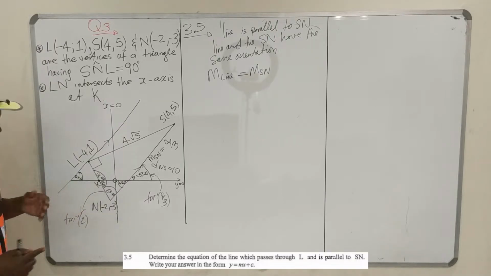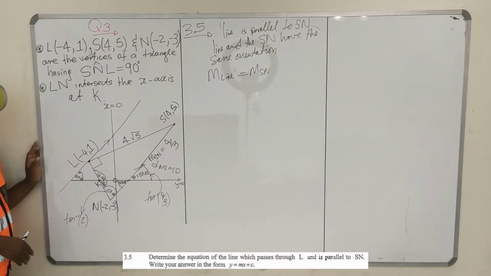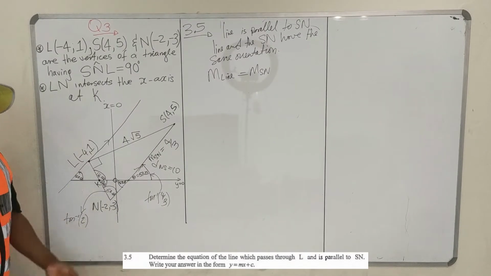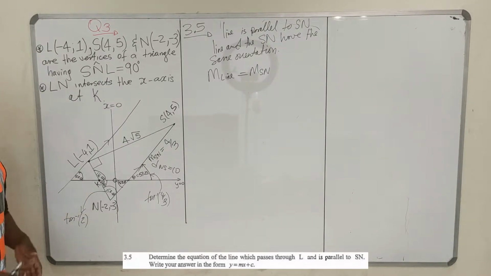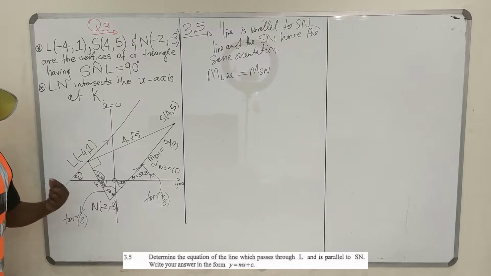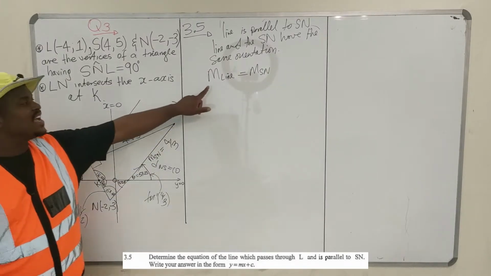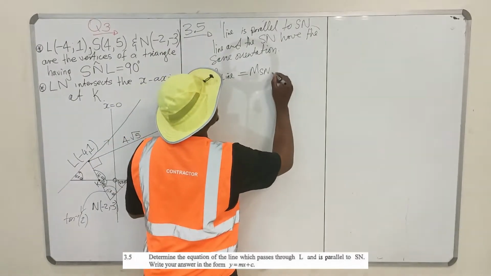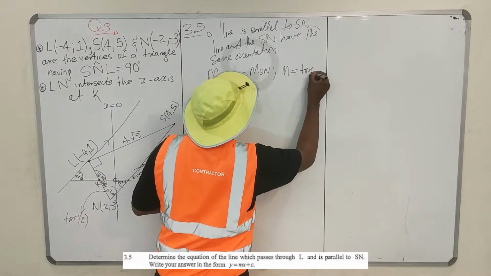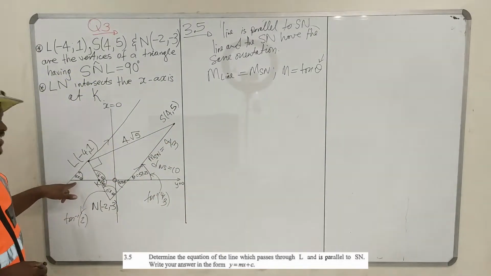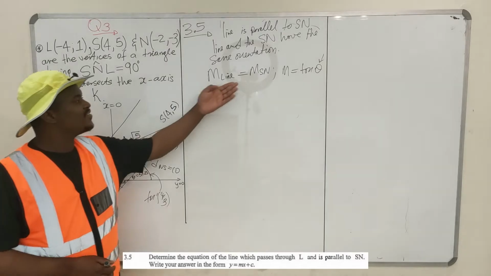Therefore they make the same angle with the positive x-axis, and that angle is the angle of inclination. The angle of inclination depends on the gradient, because m is equal to tan theta. If they have the same angle, they have the same gradient.